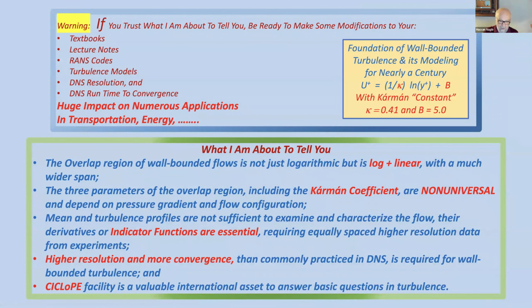Of course, PIV has been a big contributor. You will see that higher resolution and more conversion time than normally predicted in DNS is required for wall-bounded turbulence. And finally, that the Cyclope facility, which I showed you a picture of, is really a valuable international asset to answer some of these questions. Francisco and I agreed.